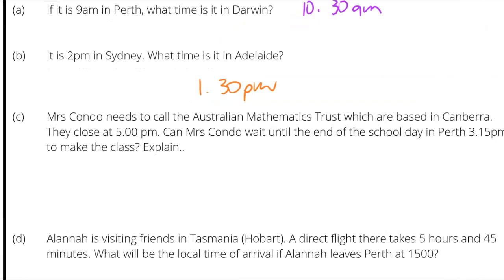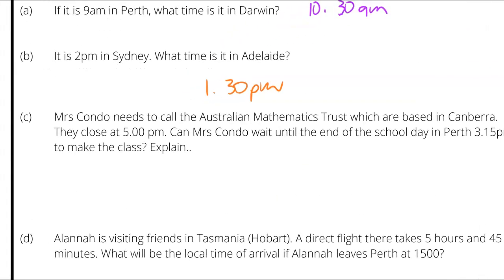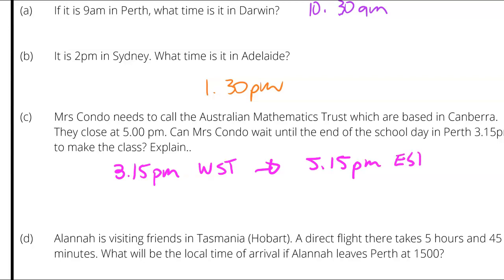So if I ring the Australian Maths Trust at 3:15 p.m. WA time, what time is that going to be in New South Wales? It's going to be 5:15, 2 hours later.